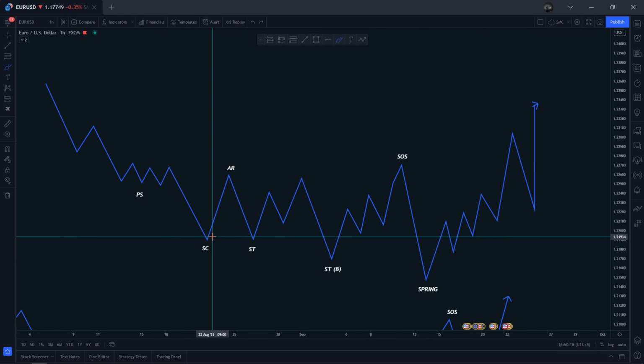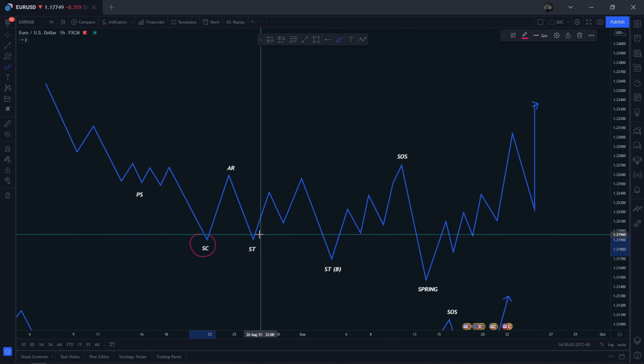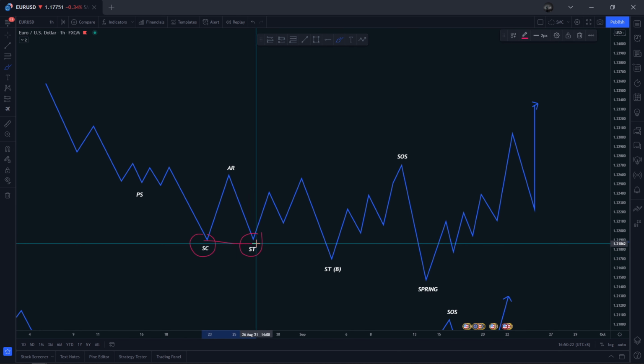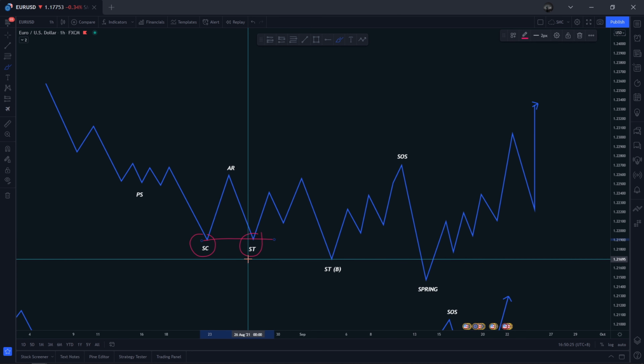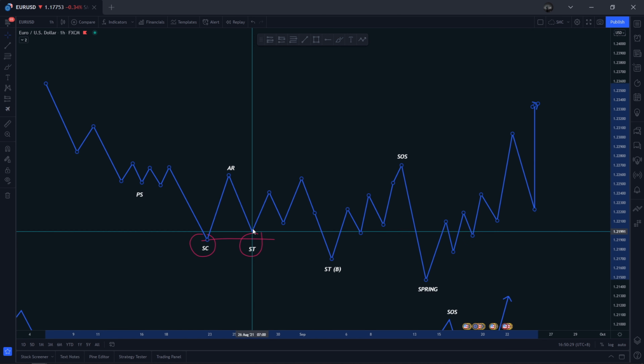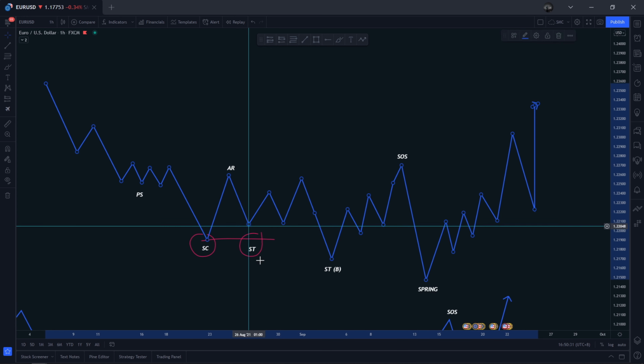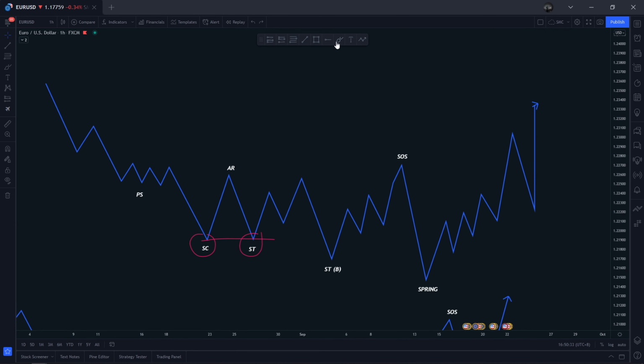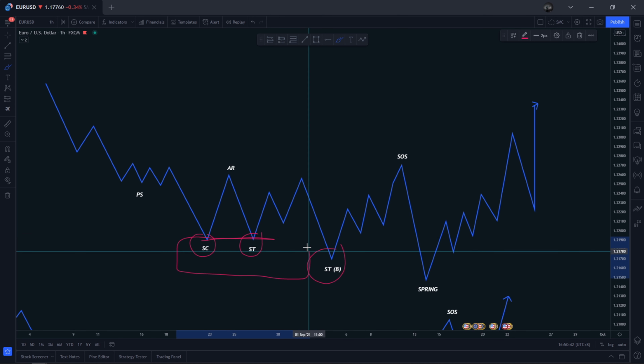So the pattern is SC, then ST, which doesn't go lower than the SC, or the selling climax. Basically it's just creating liquidity, equal lows, and the ST can also be somewhere here. Then we have an STNB, which takes out those equal lows or liquidity in this zone.